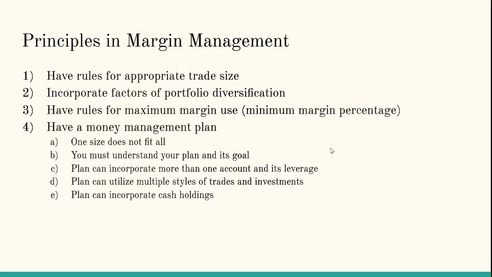And don't forget that your plan can also incorporate cash holdings. So let's say you opened a brokerage account and you've got $100,000 available to trade. You can have just $10,000 or even just $1,000 of your available cash in the account that you're trading, and leave the rest as a buffer.